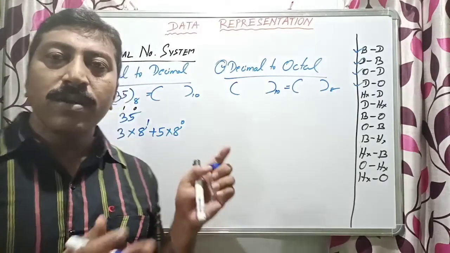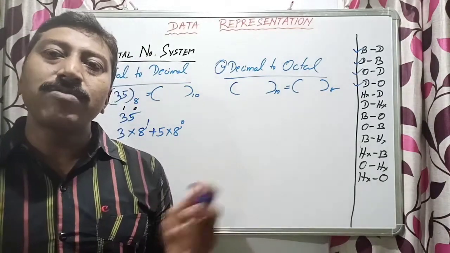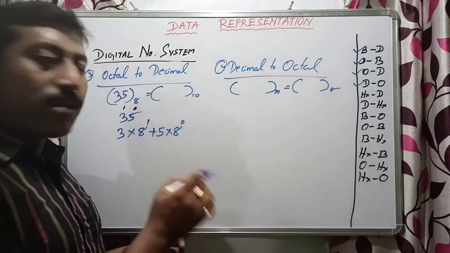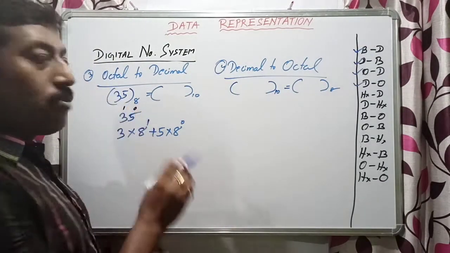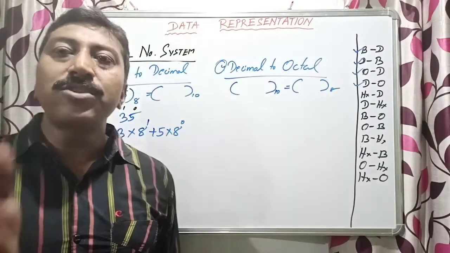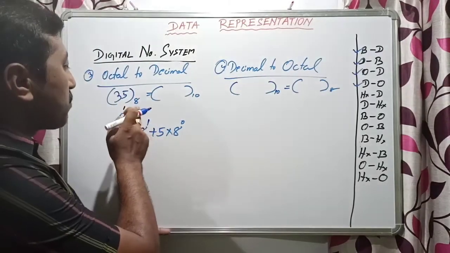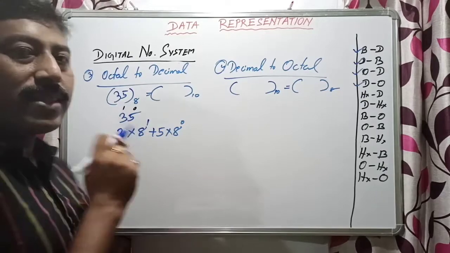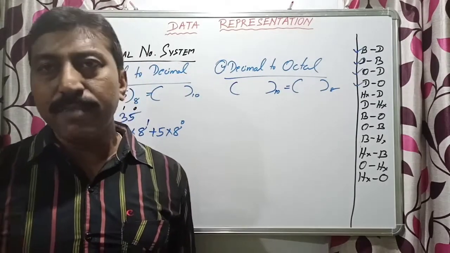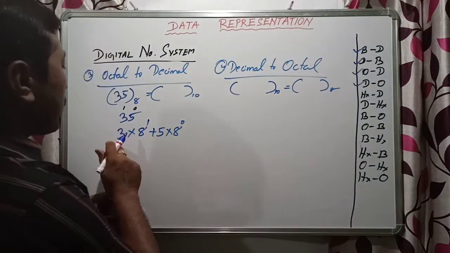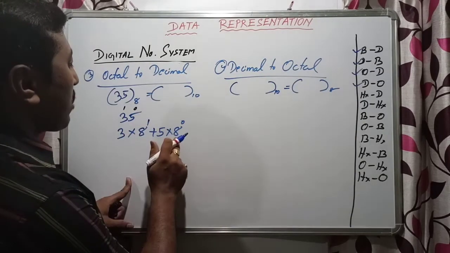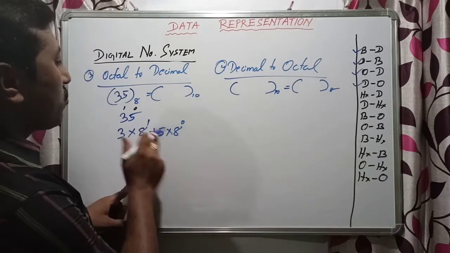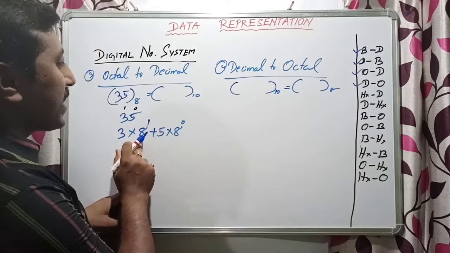You can take from left to right or right to left, whichever is convenient. But always the calculation should be from right to left, that is 0, 1, 2, 3, 4. In that way we can mark the exponent part. So always the base is 8 because it is an octal number.